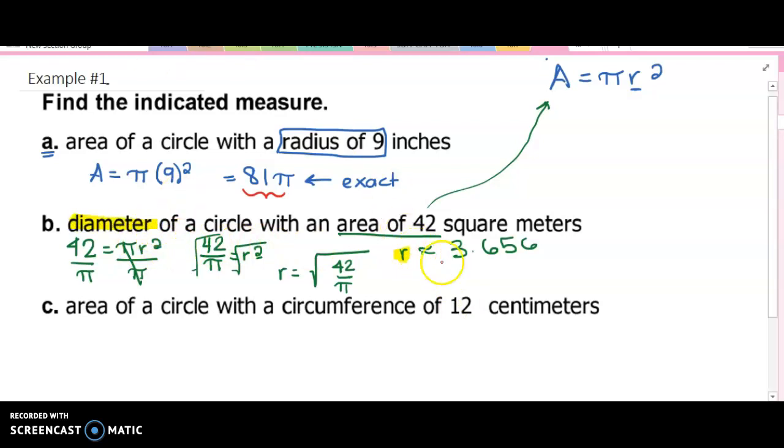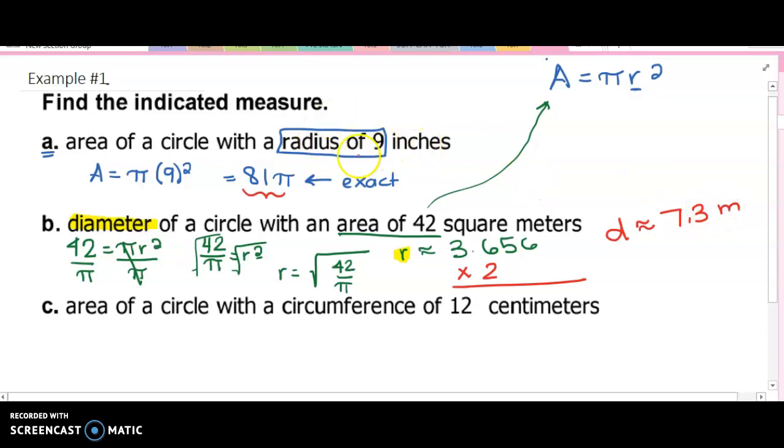So to find my diameter, all I have to do is multiply that by 2. When I do, I get that my diameter is roughly 7.3, and that's meters. Guys, I'm sorry, going back to A, this should be inches squared. Remember, area is units squared, and a one-dimensional length is just not squared.